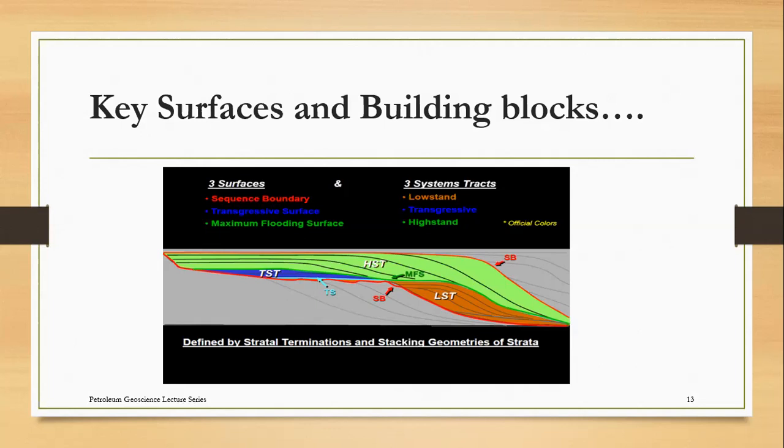In slide 13, you made mention of a correlative conformity. Please, can you throw more light on that? I didn't really get the concept very well. Imagine this, you can see my pointer. It's the top sequence boundary. This was formed when the sea level was high up.